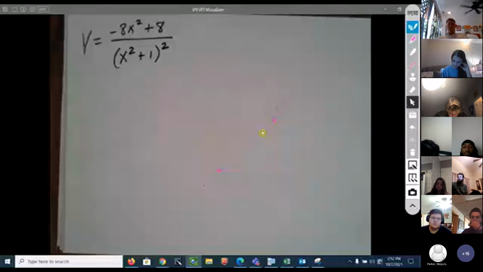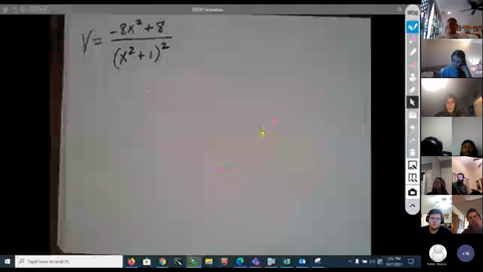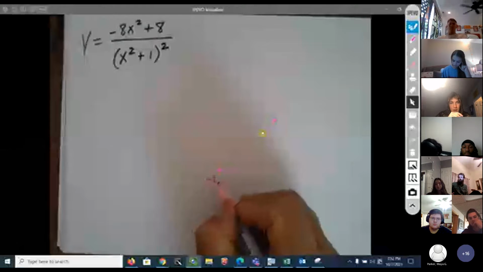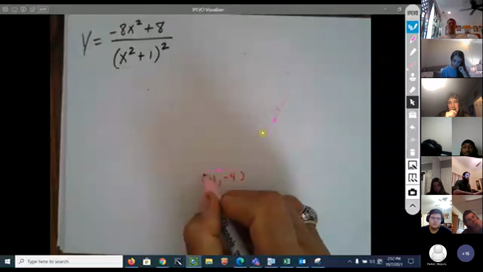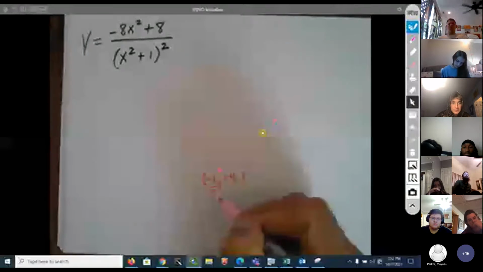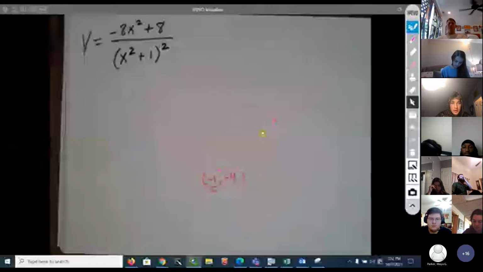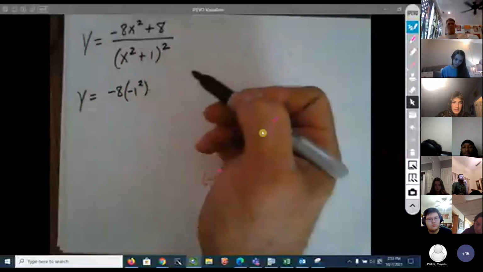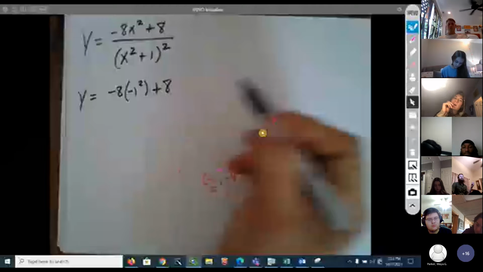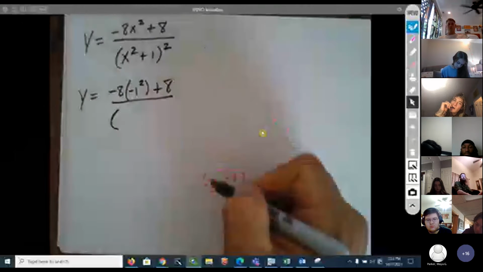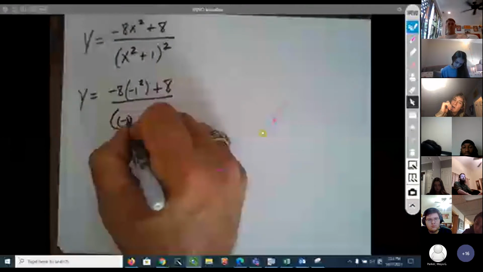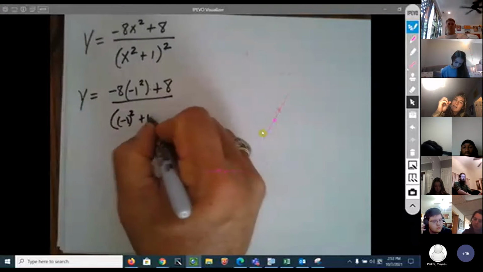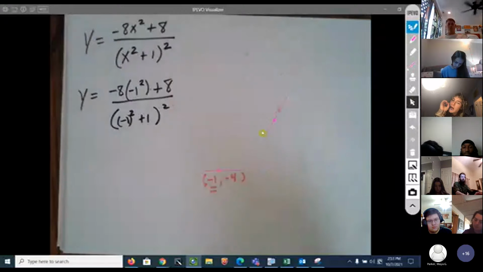And our point is negative 1, negative 4. So I'm going to plug in that negative 1. So y prime is equal to negative 8 times negative 1 squared plus 8 over (negative 1 squared plus 1) squared.